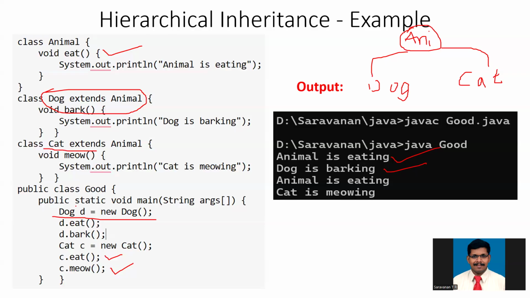What are those access limitations? Only the lowest derived class can access the parent class. No two child classes can access each other. These are the access limitations.